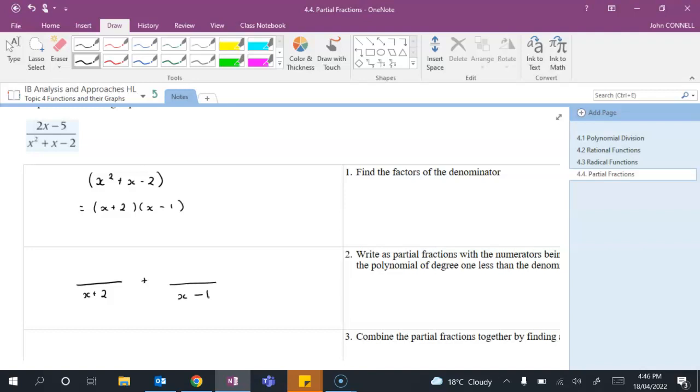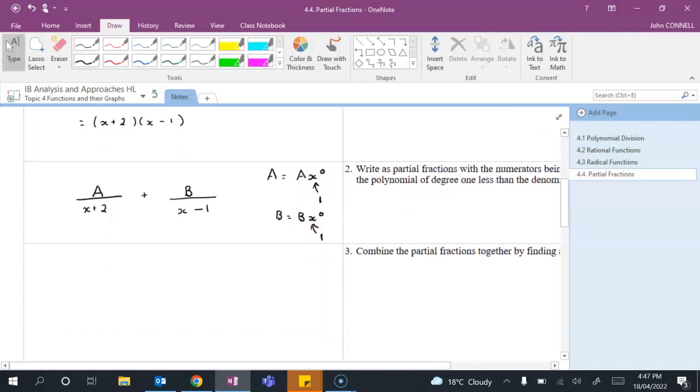Well, it's x to the power of 0, which is just a constant. So I'm just going to say this is a and this is b. You can think about a as a times x to the power of 0, because this is 1, or b as b times x to the power of 0, which is 1 as well. And so the degree of a constant is 0, which is less than 1.